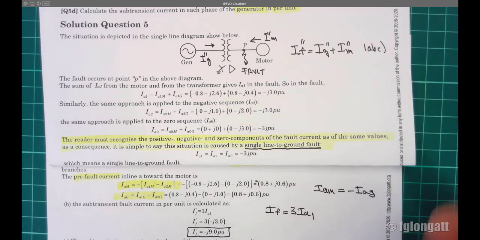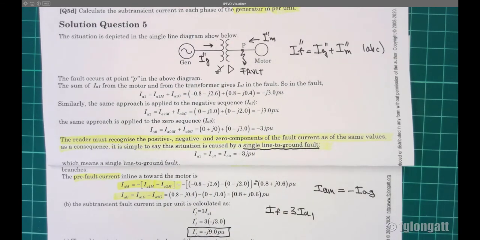Okay, the next step and the final step in the solution of this problem is extremely simple, okay? The final step is that we want to know the specific components of the current that is going from the generator to the transformer, okay? And in this case, what we need to recognize is that the fault is happening on the delta side of this 2-winding transformer, okay?